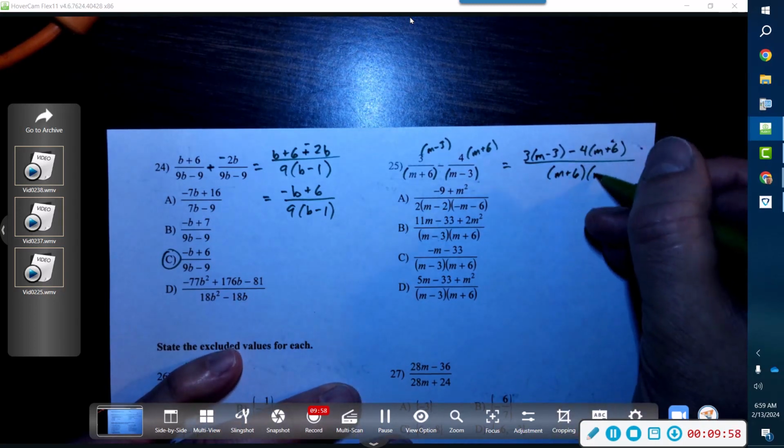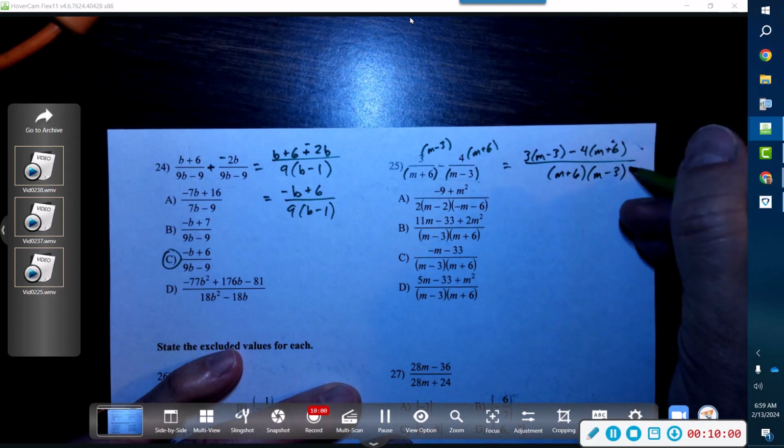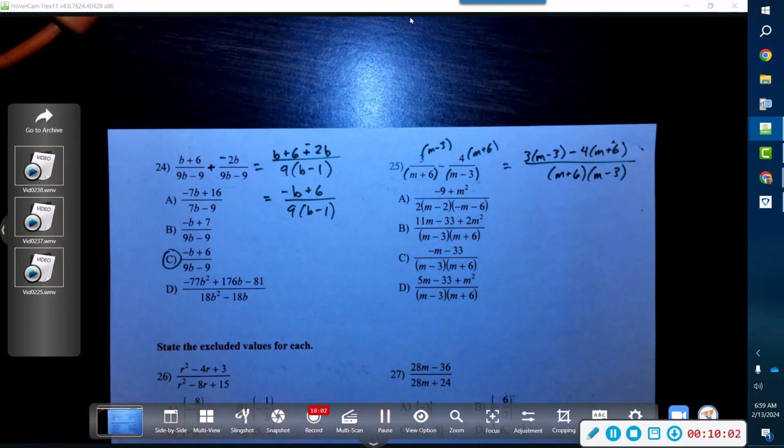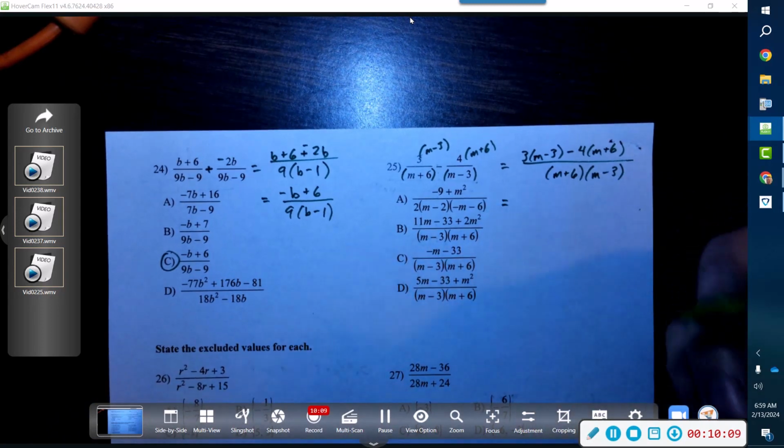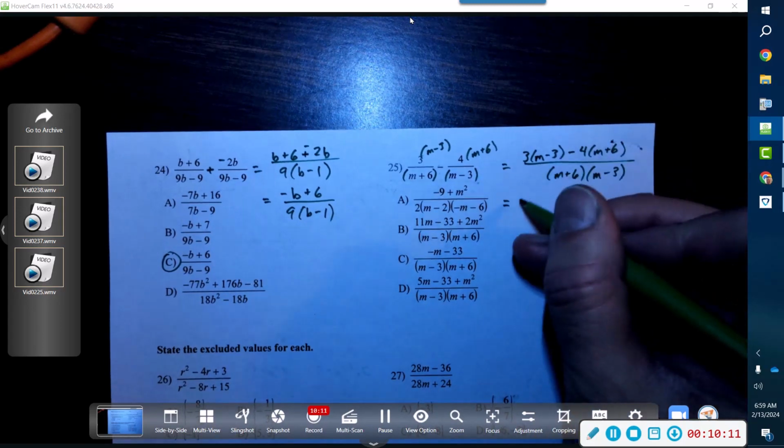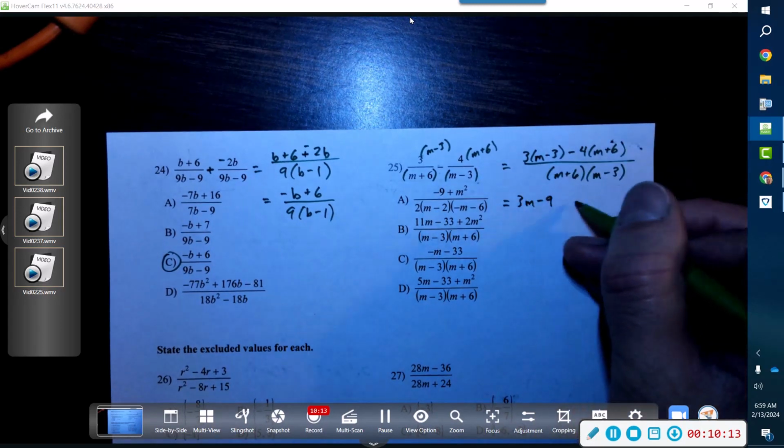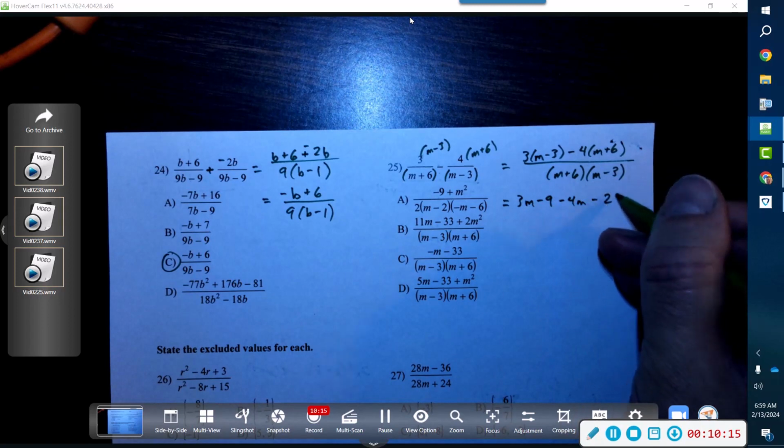So all of your algebra skills from the previous years are now coming. You have to be good at this stuff. It followed you all along. Now we're going to distribute: 3m minus 9 minus 4m minus 24.